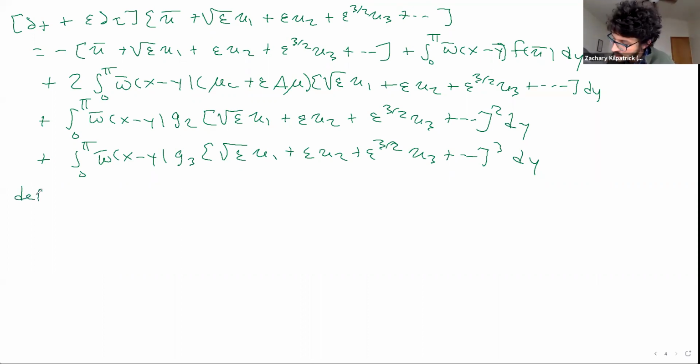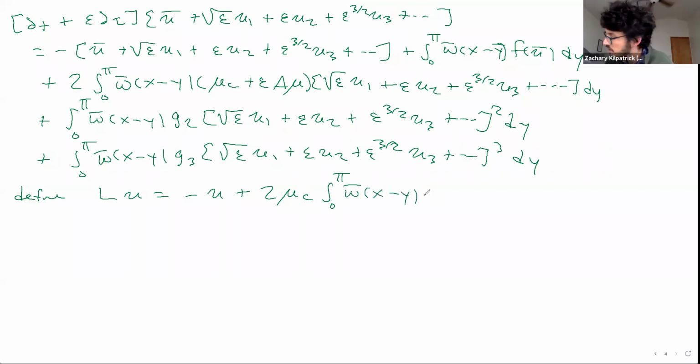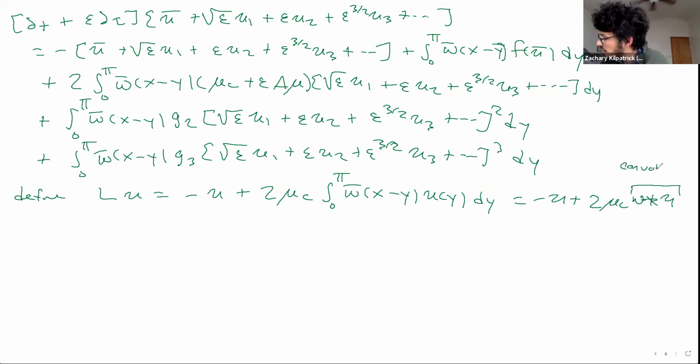Now remember, before we had defined this linear operator L u that's equal to minus u plus 2 mu c integral from 0 to pi w bar x minus y u of y dy, and this is equal to, in shorthand, minus u plus 2 mu c w convolved with u, okay? And this is a convolution, okay?